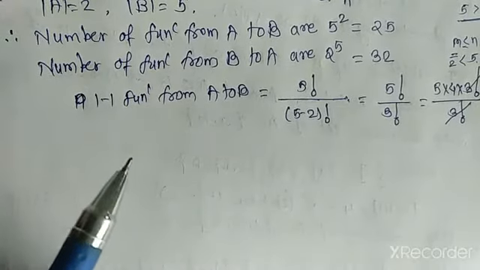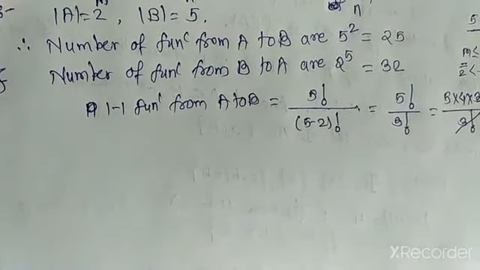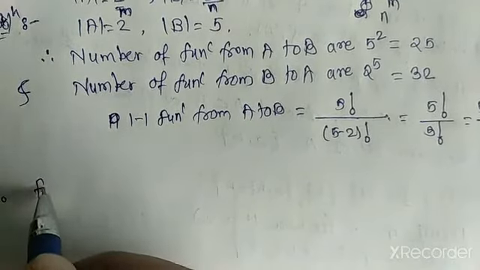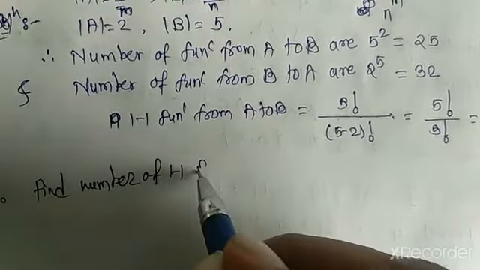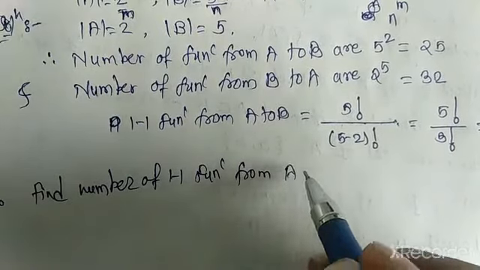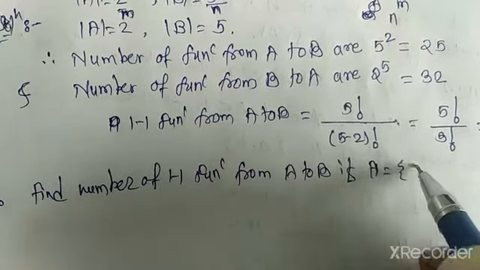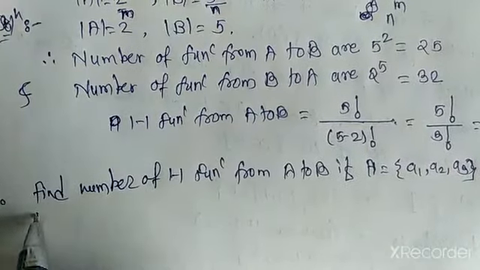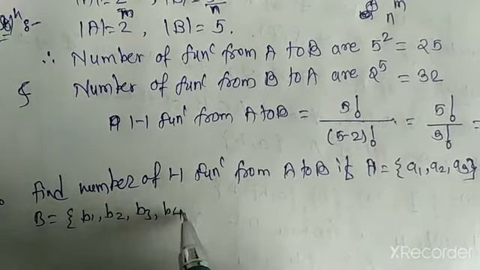In the next example, find the number of one-one functions from A to B, given that A is equal to {A1, A2, A3} and B is equal to {B1, B2, B3, B4, B5}.